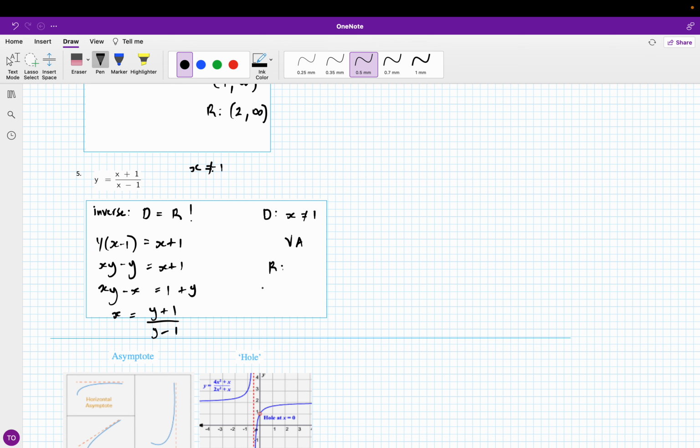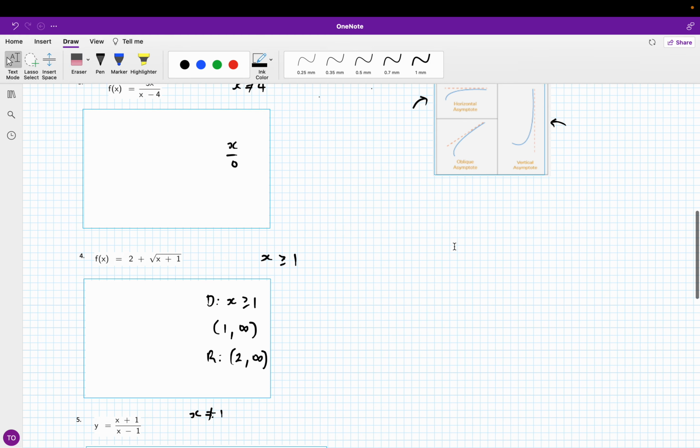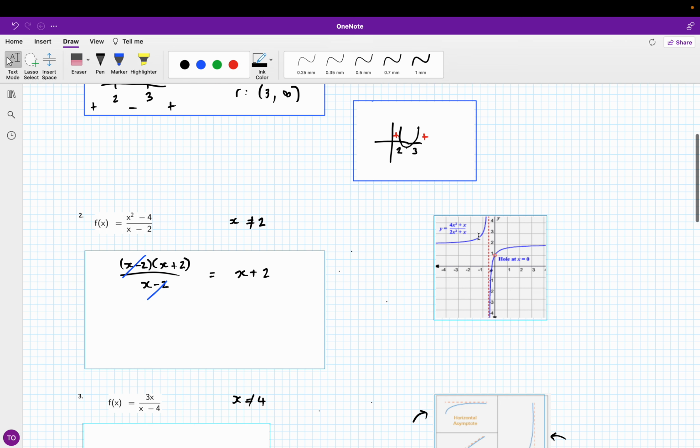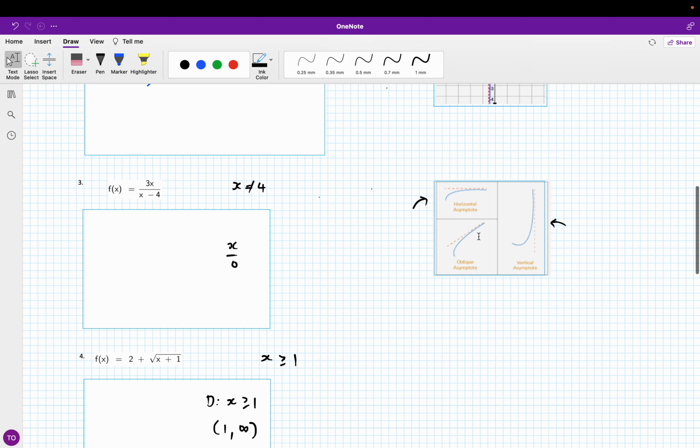So that is how you can find your range. In this case not too difficult, but y is not equal to 1, and that is a horizontal asymptote. So again, this is a short enough lesson just showing how rational functions may work and how you might come to terms with some of the ideas involved.